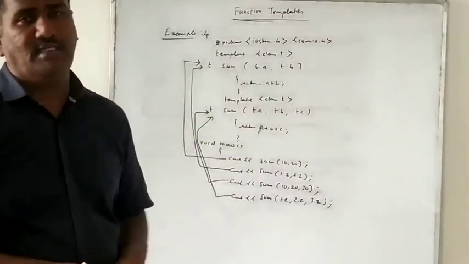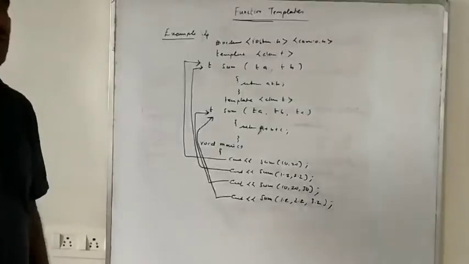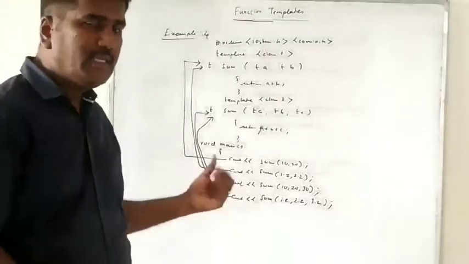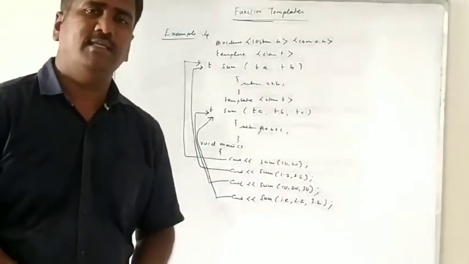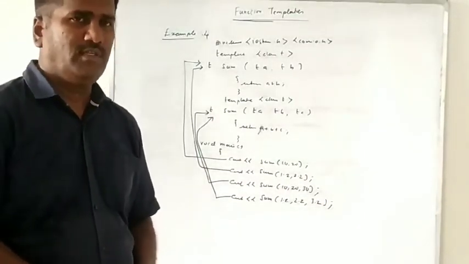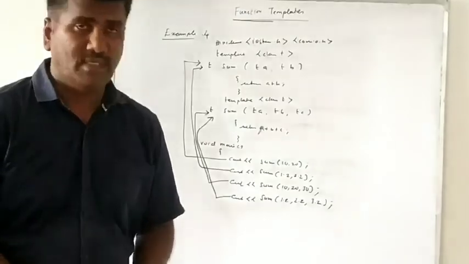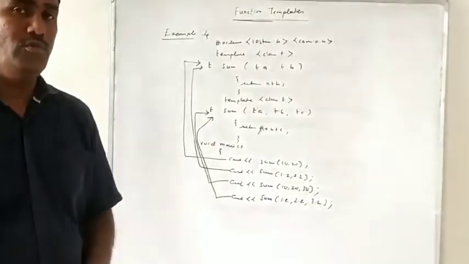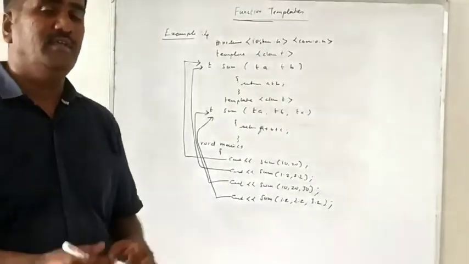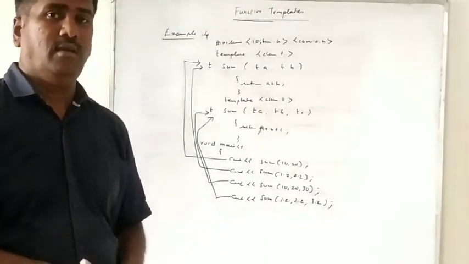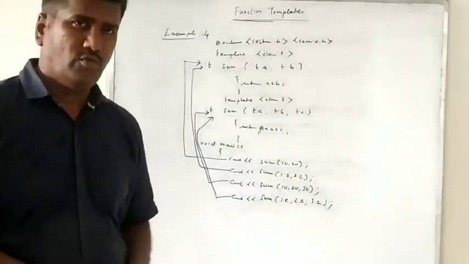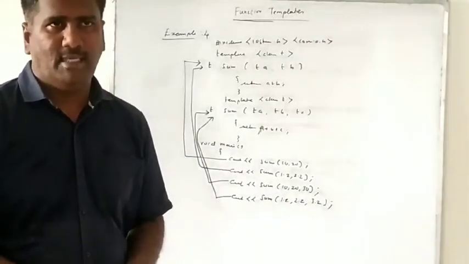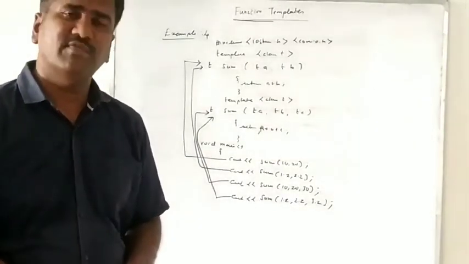So this way the function template overloading is achieved. Okay, using these 4 examples, I think everybody will understand what template functions are, what generic programming is, how to use a template function with a single data type, how a template function uses combined data types, and how the number of arguments varies.